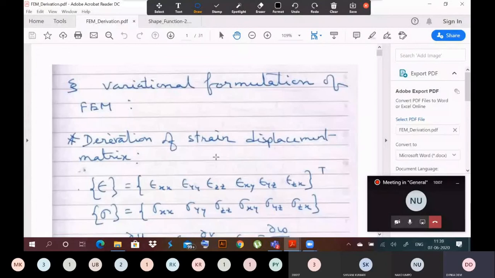We will discretize the domain to be analyzed, and then this approximate displacement function will be defined for each and every element, for each and every discretized portion of the domain. Therefore, approximation will be applied in the small region. So when we combine this solution for the whole domain, the error involved will be less.